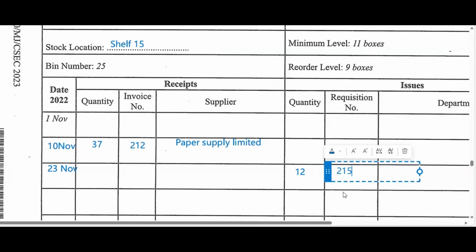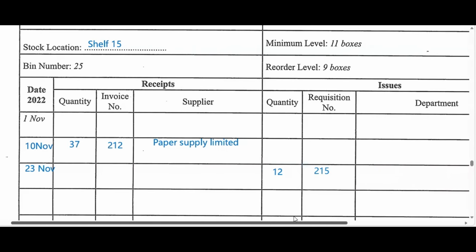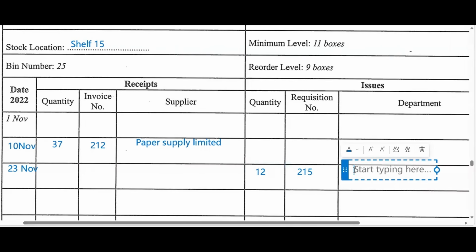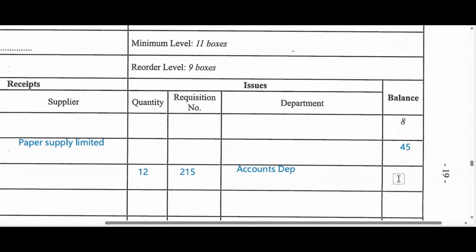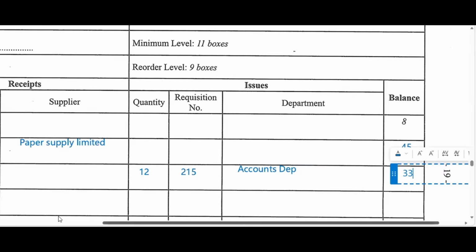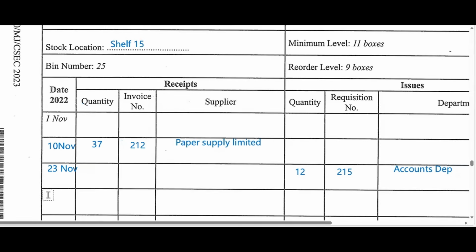The department we gave it to was the accounts department. If we give out 12, what is the remaining balance? 45 minus 12 is 33. So we have 33 white letter size paper remaining.